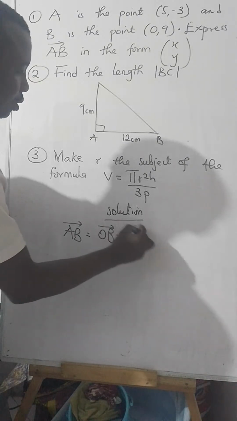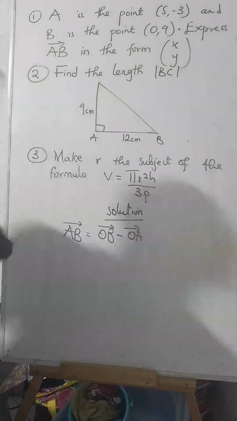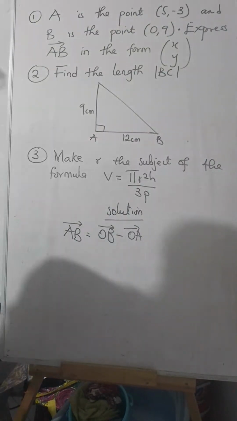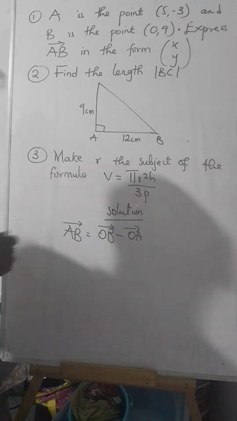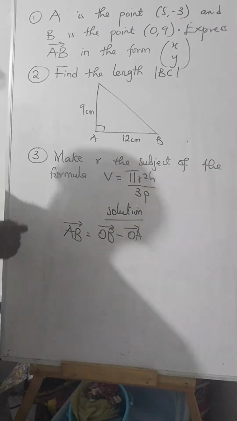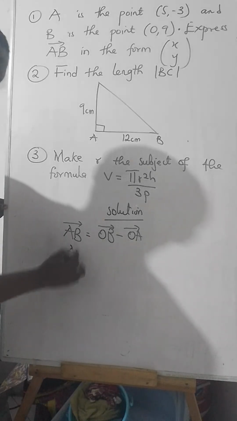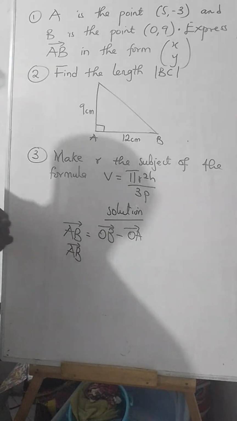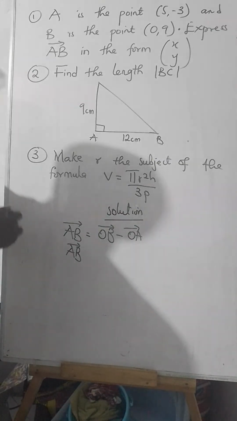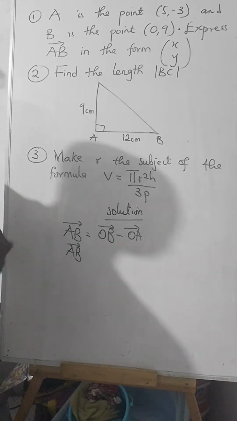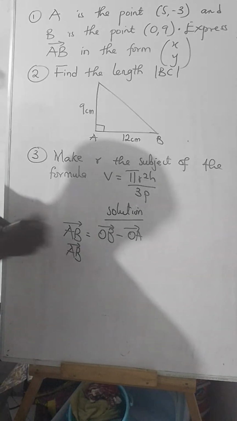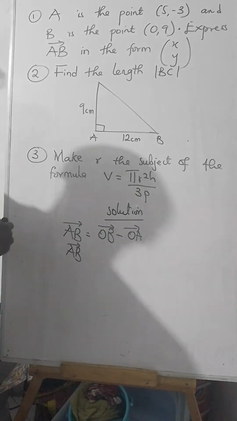That is to find this position vectors. This is under position vectors, and that is at the SHS and the JHS level. So here you find the vector AB by looking at the difference between the points A and B, but it was rather the second letter minus the first letter, or the second point minus the first point.